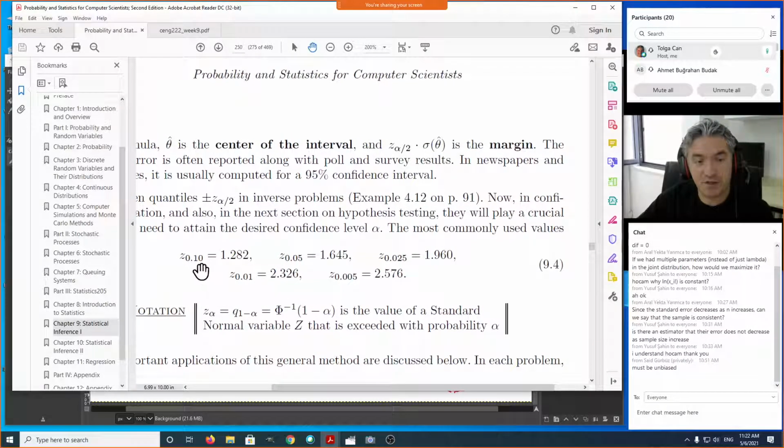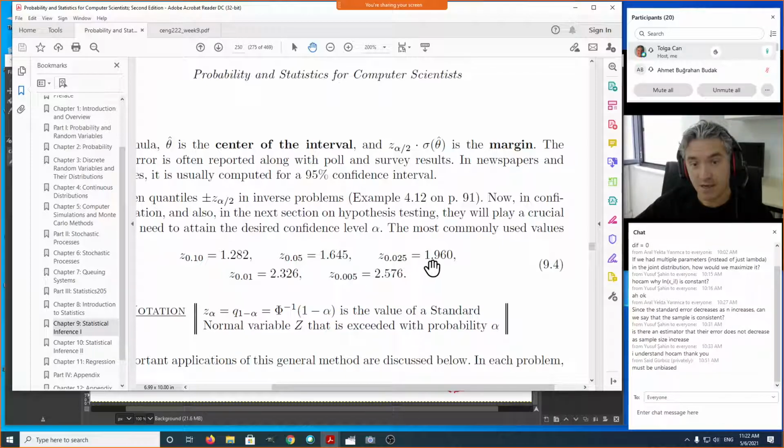You can even decrease your confidence more if you want to have 0.80 confidence. Okay, 0.80 confidence, you can go 1.28 standard errors to the left and to the right of your theta hat. As you can see, if you want to have more and more confidence, that's how the interval changes. Another thing is you can decrease your standard error by increasing your sample size.